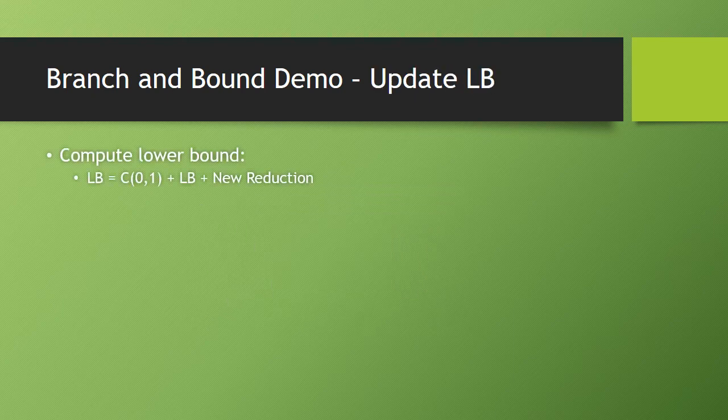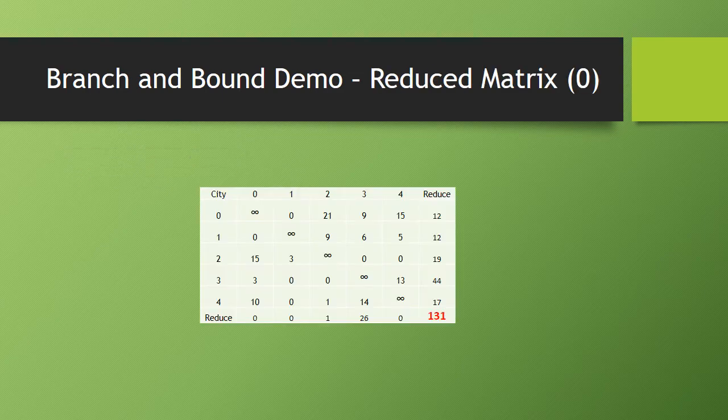So to compute our new lower bound, we're going to take the cost of traveling from 0 to 1 plus the lower bound that exists at 0 plus any new reduction. So if we go back to our original reduced matrix, we see that the cost of traveling from 0 to 1 is 0.